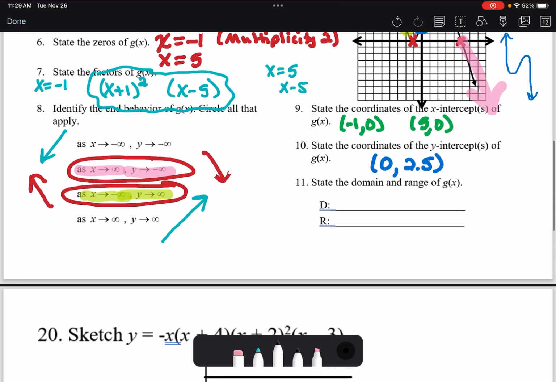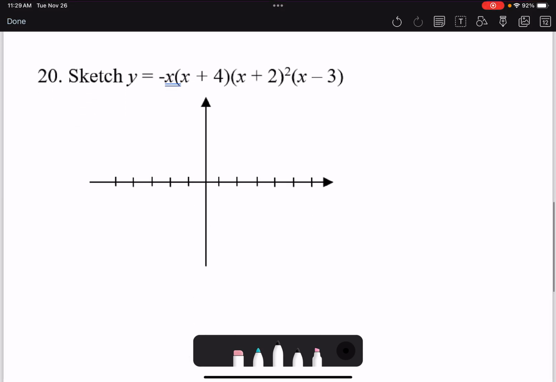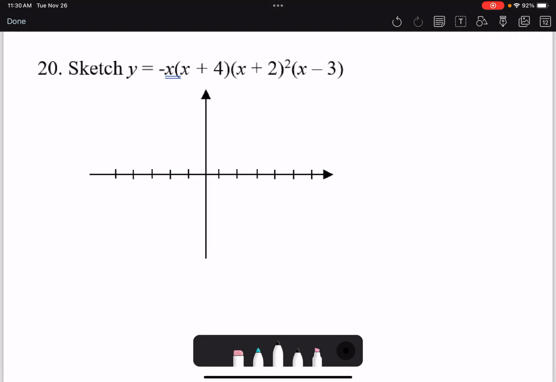We have one more. We're going to sketch this graph. To start, I need to be looking at the degree and the leading coefficient. To look at the degree, I'm going to take each of the x's and multiply them together. But I need to be very careful about one of them. One of them is squared.